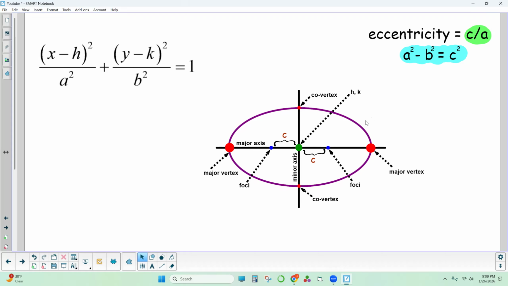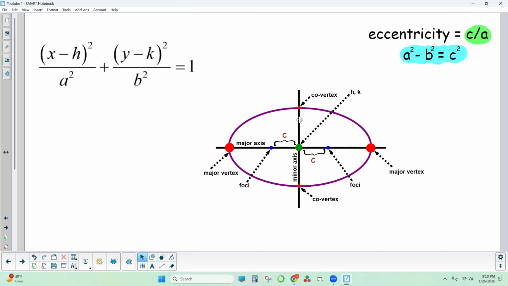Now, looking at our horizontal ellipse, the longest axis, which in this case would be the horizontal one, is called the major axis. The major axis has two vertices. We call them major vertices. They're just these 2 points at the outside of the ellipse. And then the shorter of the two axes is the minor axis.